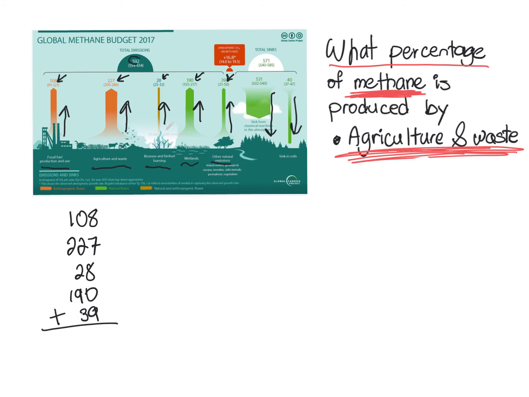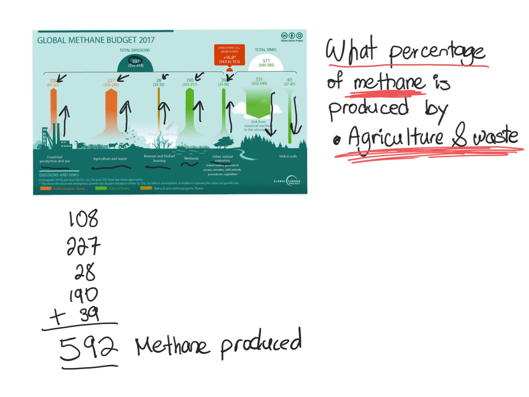It's right here. The graph is very straightforward. It's not trying to trick you or anything. And so in this case, the size of the pie, the amount of methane produced, is 592.